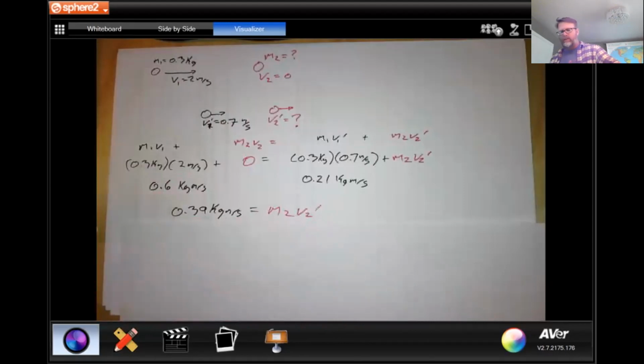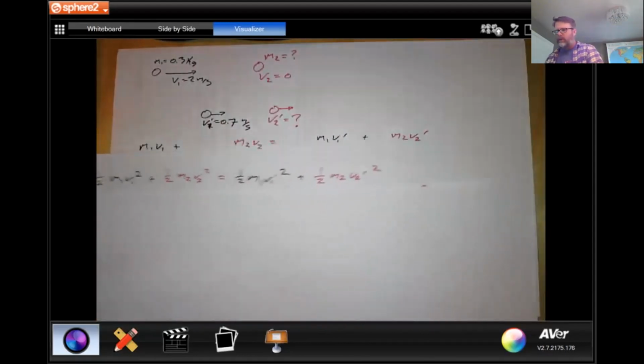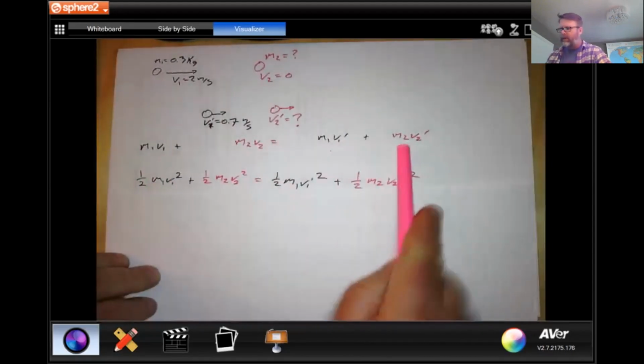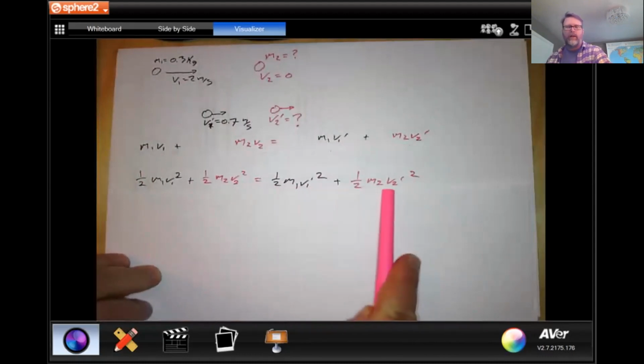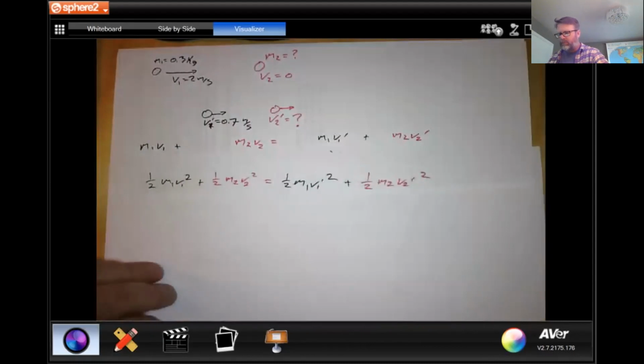So we have to kind of start over here and see if we can do something with kinetic energy. So our setup is very similar to the momentum, only now we have kinetic energy. And we can only do this because they use the phrase completely elastic. Completely elastic means this is going to be true.